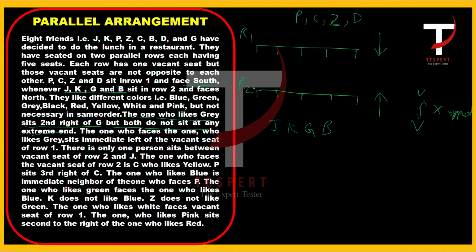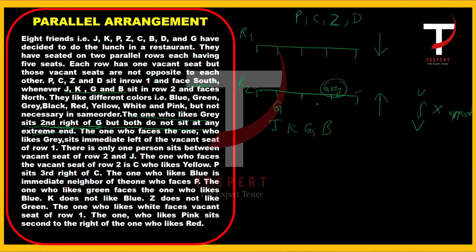So G must be here, and the one who likes gray is second right of G. As all the members are facing north, this is the first right of G and this is the second right of G. So the man who likes gray will be here.